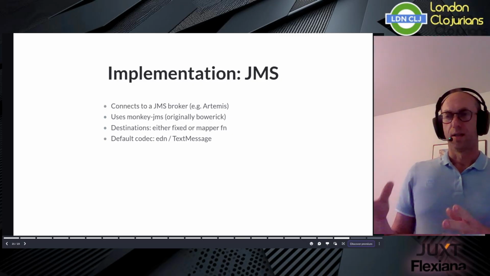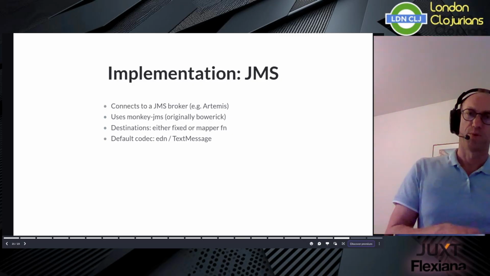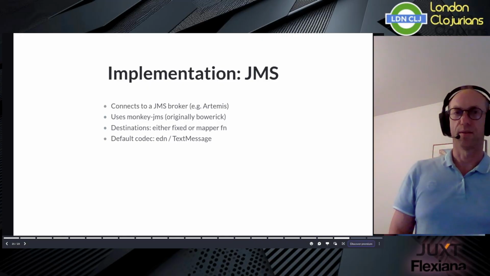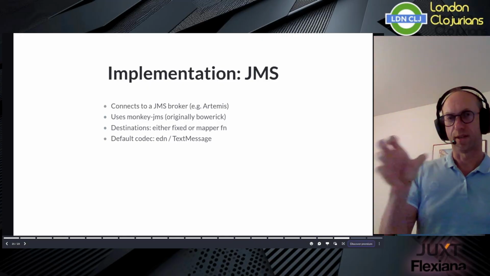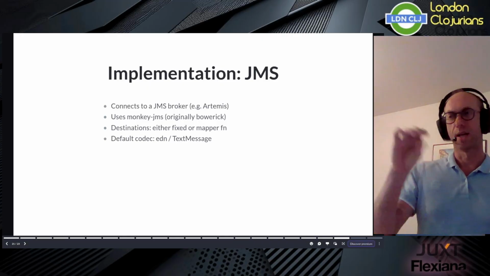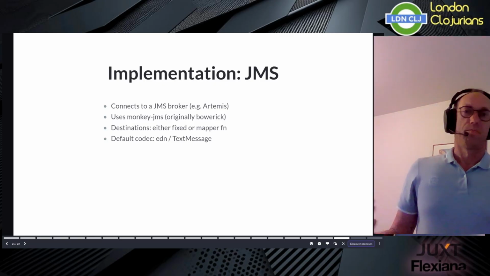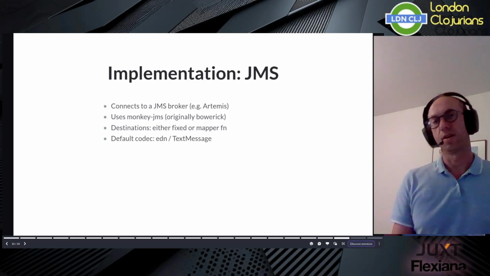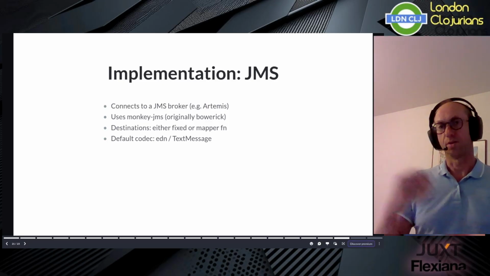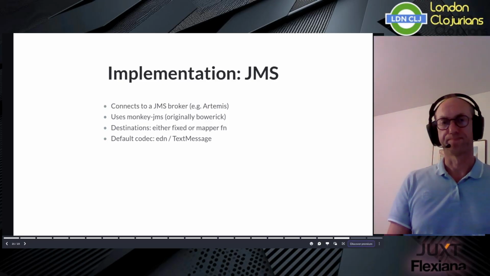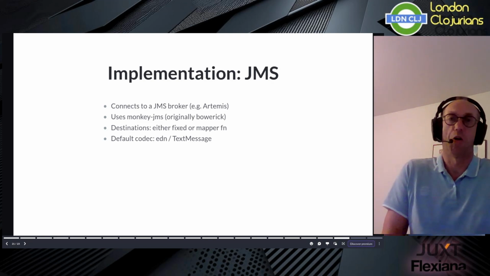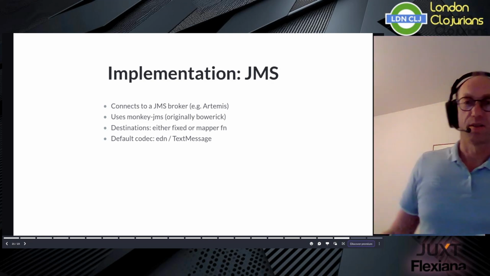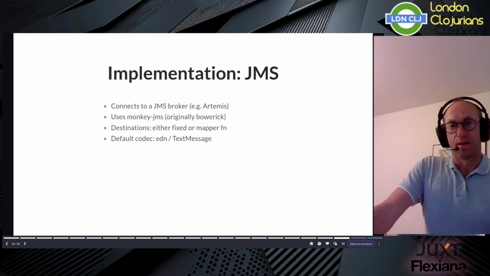So EDN is serialized to string, then that's put into a text message, which is then sent out, or in reverse, the text contents of a message is read out and parsed from EDN. Again, you have the flexibility to specify your own serializer or deserializer as a constructor option. Obviously, JSON is one of the solutions that comes to mind, but you can use anything in that situation.